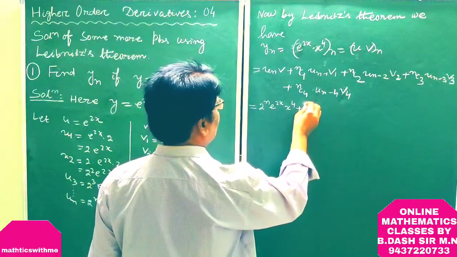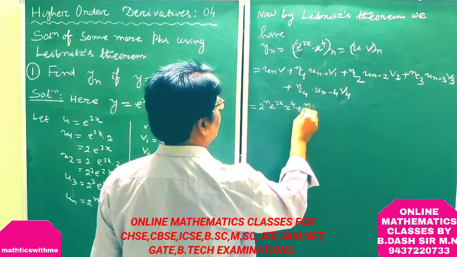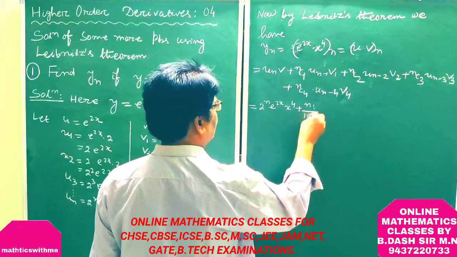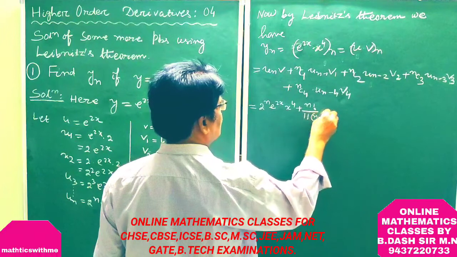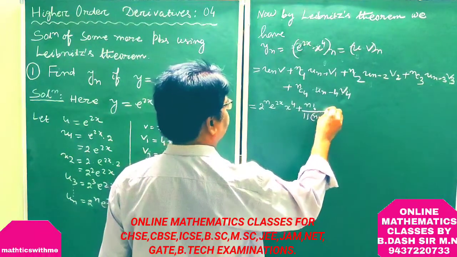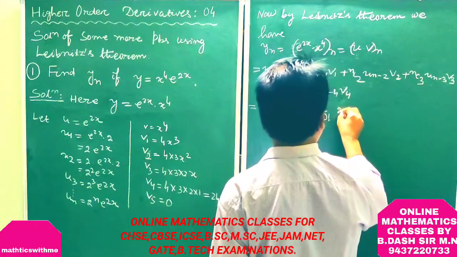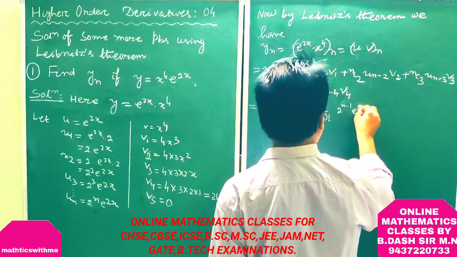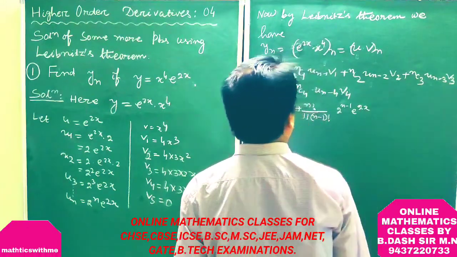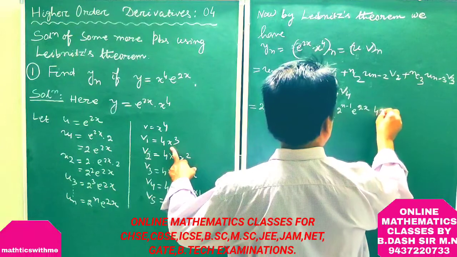Now nc1 means n factorial by 1 factorial n minus 1 factorial. Un minus 1 is 2 to the power n minus 1 e to the power 2x. Then v1 is 4x cube.